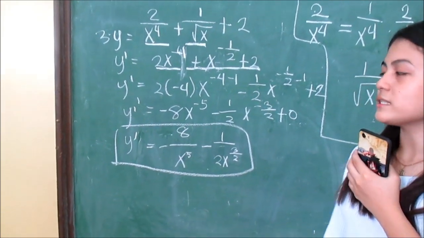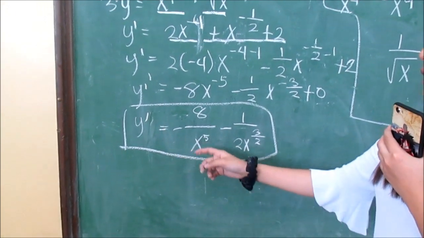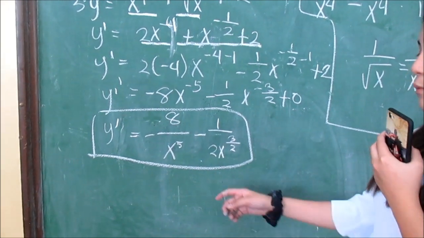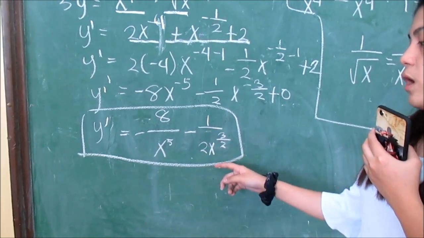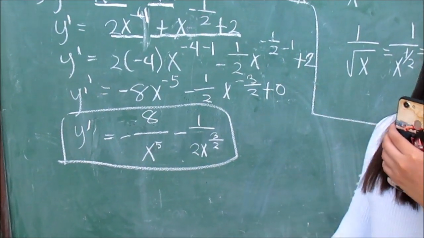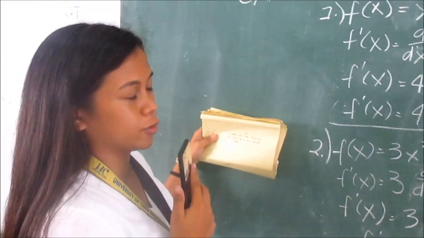So ngayong nakuha na natin ang final answer, which is negative 8 over x raised to the fifth power minus 1 over 2 over raised to the 3 over 2 power. Final na answer.